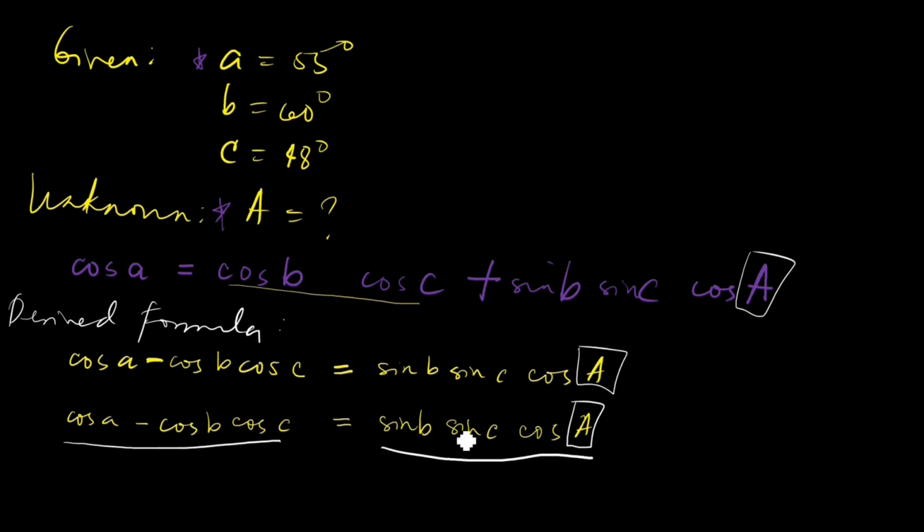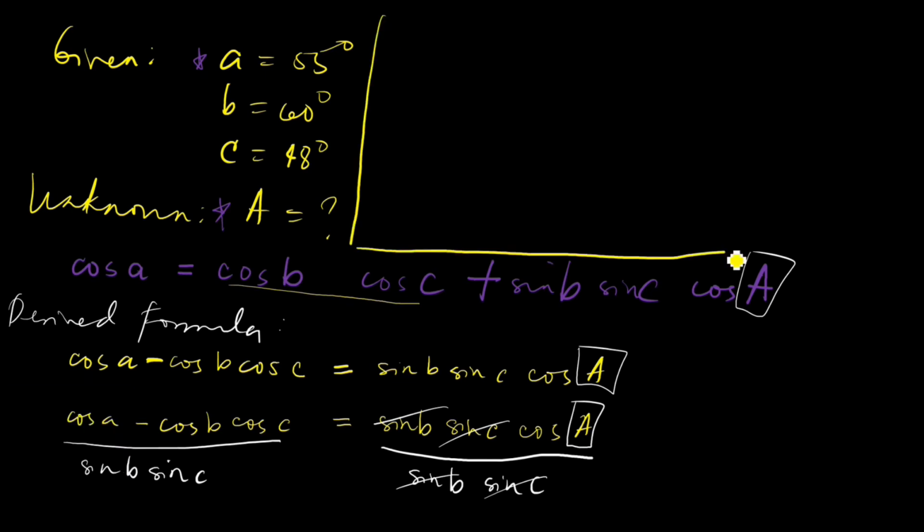To remove sine b and sine c, we divide both sides by sine small b, sine small c. Then we can cancel.